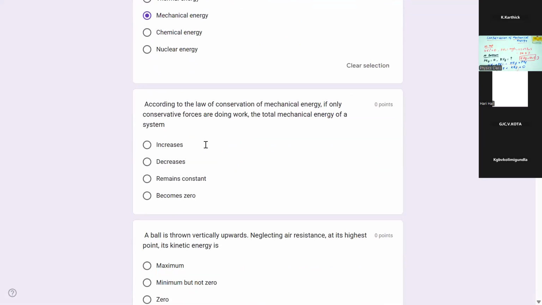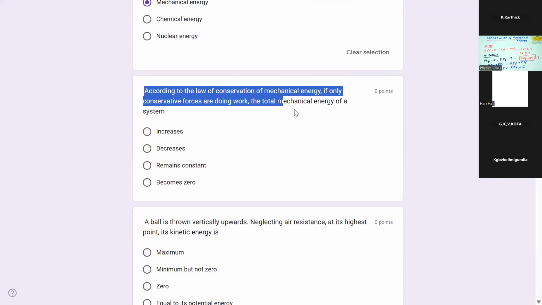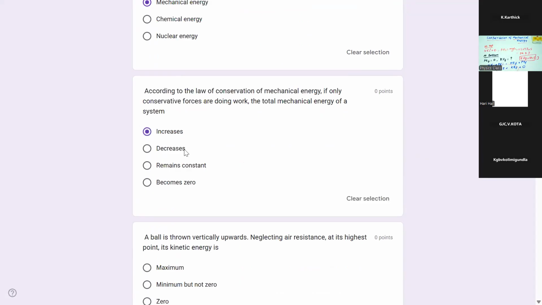The next question. According to the law of conservation of mechanical energy, if only conservative forces are doing work, the total mechanical energy of the system increases, decreases, remains constant, or becomes 0.